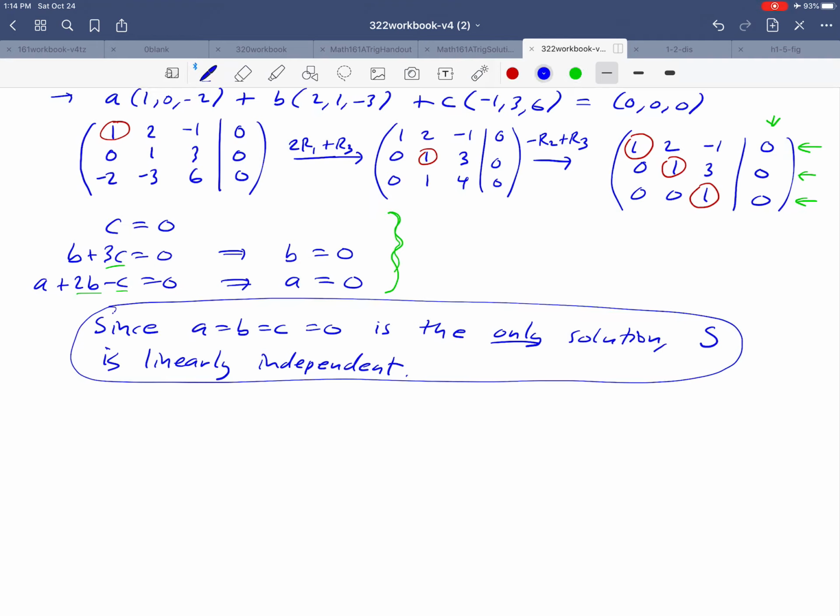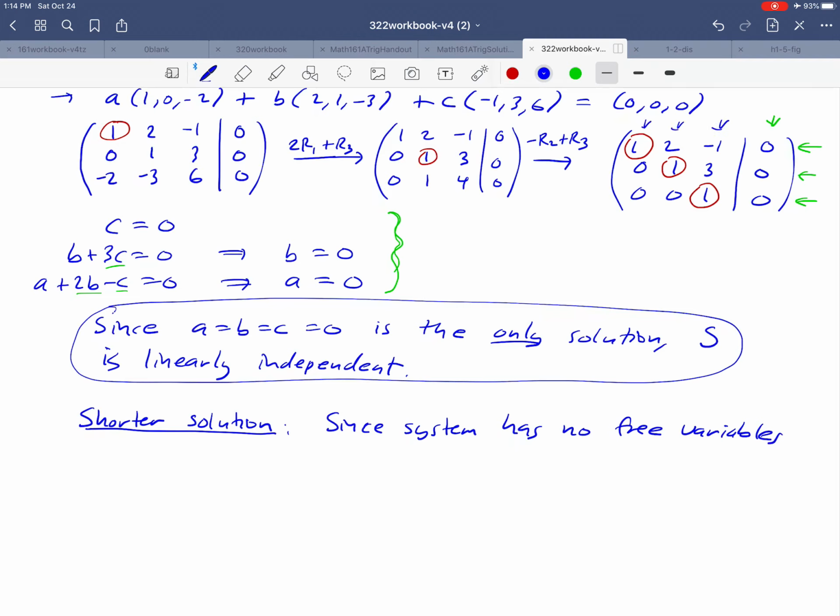So maybe a shorter way to explain this would be just to make the following observation. Since our system has no free variables, again, the fact that there was a pivot in every single column told us that, the only solution is the trivial solution.